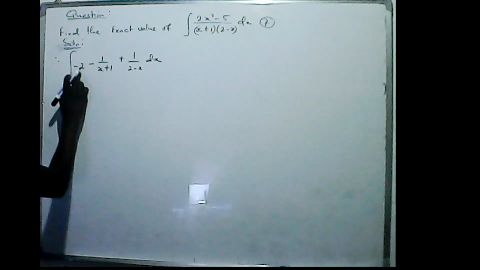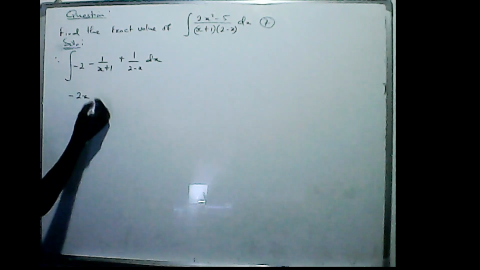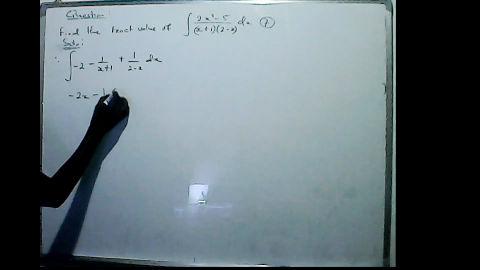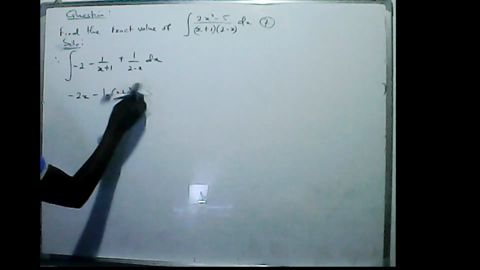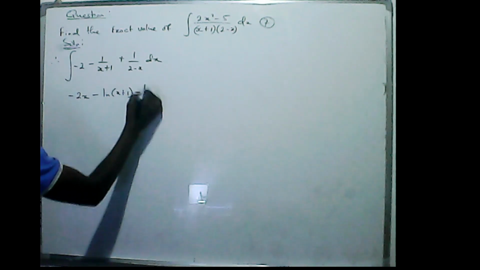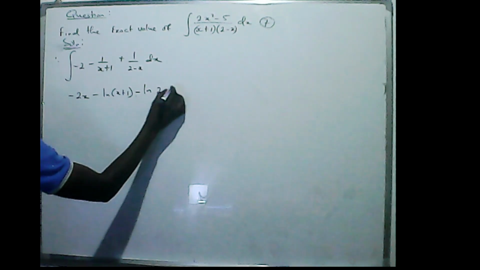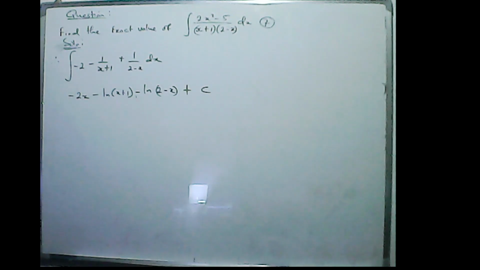So integrating this function, we have negative 2x, right, minus ln of x plus 1 plus, so remember the derivative of the denominator is negative 1, so it's negative ln of 2 minus x plus a constant of integration, right?